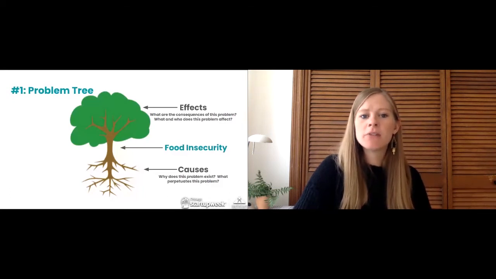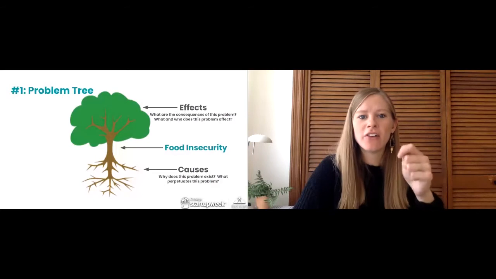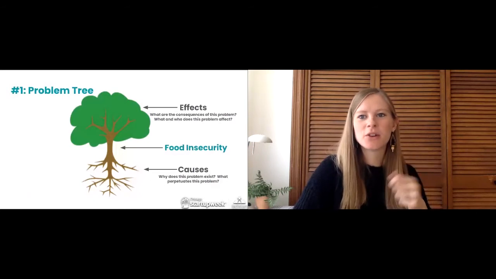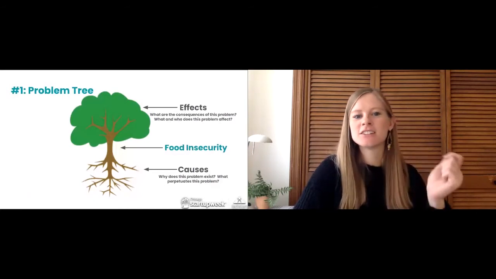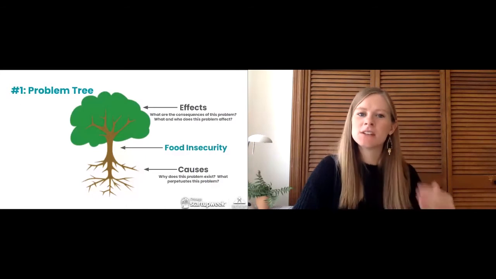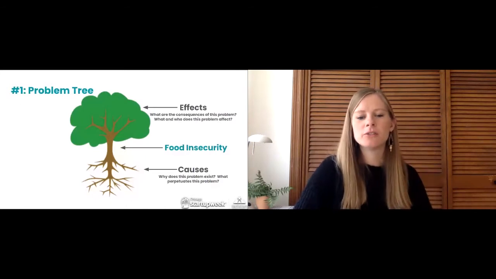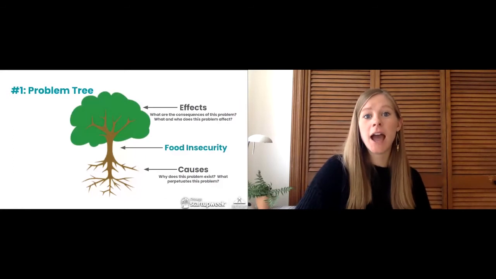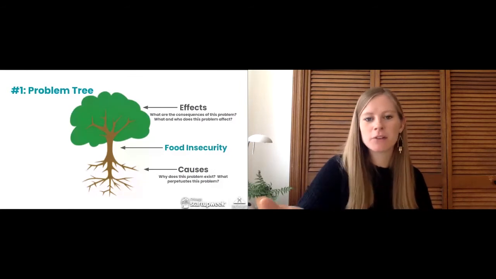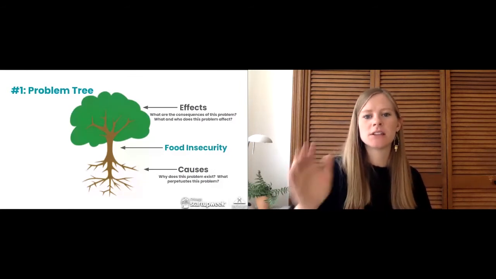And some of them, I'm sure we could all just walk through this pretty quickly and come up with 5 causes, 5 effects pretty quickly. But could you sit in it longer? Could you spend 10, 15, 20 minutes, an hour, a day, a week on this, and really dig into this issue, in this example of food insecurity, to really develop causes and effects?